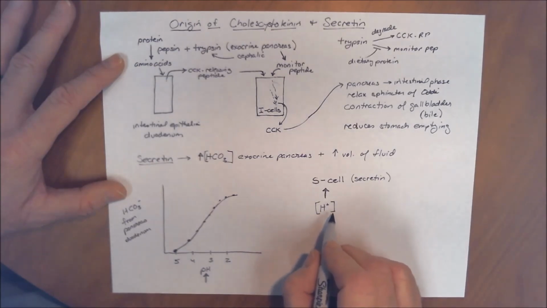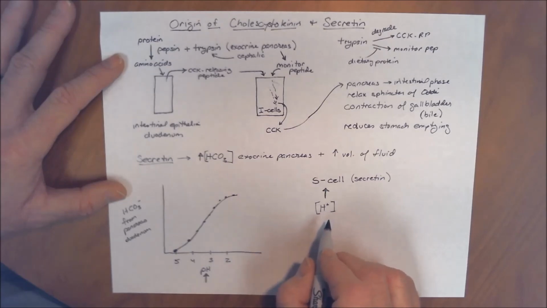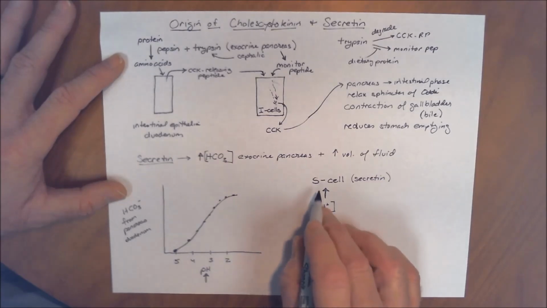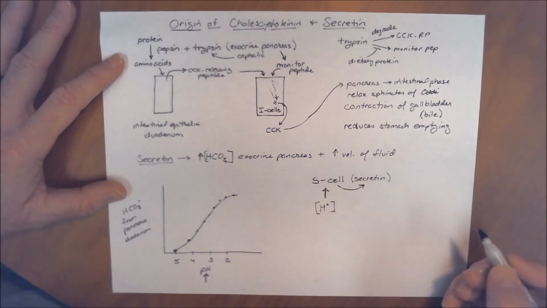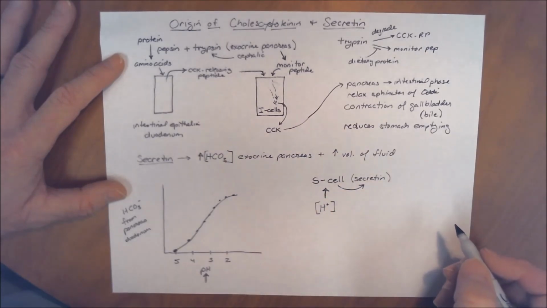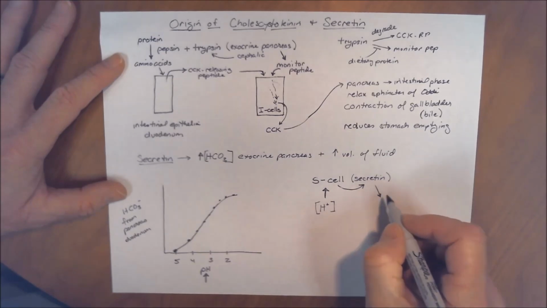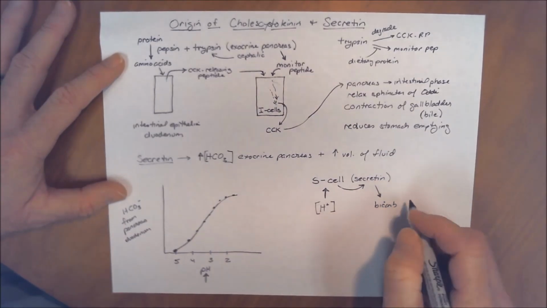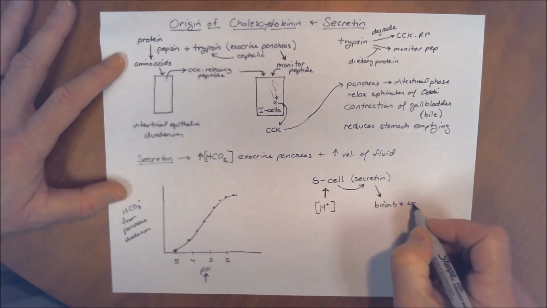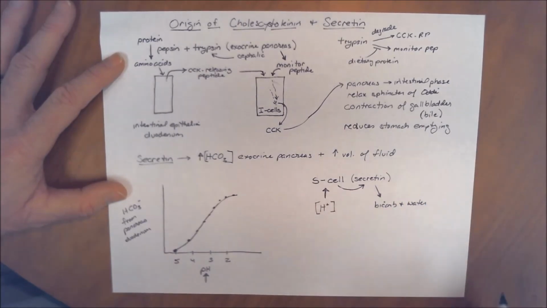When the acid concentration is high, meaning high proton concentration, the S cells will now stimulate the secretion of secretin. And then, of course, the secretin will increase the release of bicarb and water into the intestine.